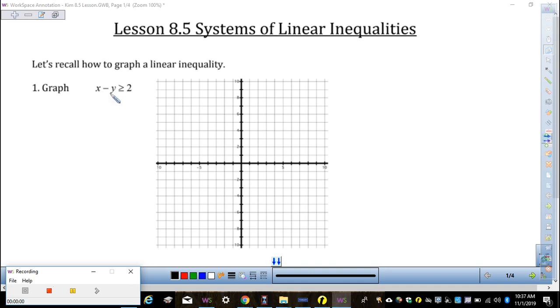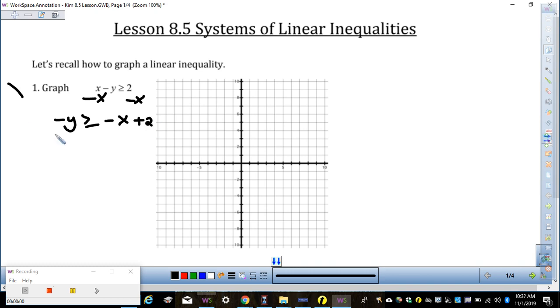So for starters, when it's in standard form like this, we want to first transform that into slope-intercept form. So I'm going to begin by subtracting x from both sides, which is going to leave us with negative y greater than or equal to negative x plus 2.